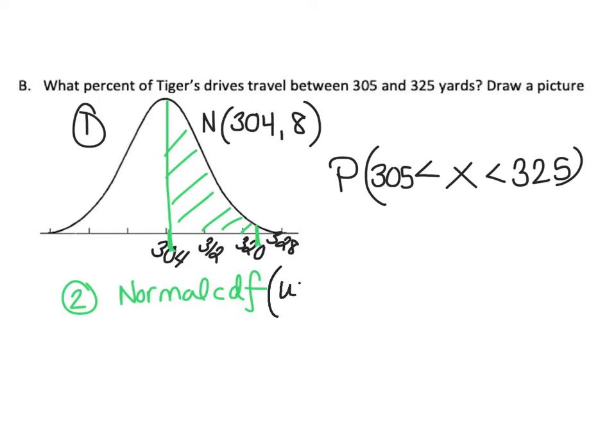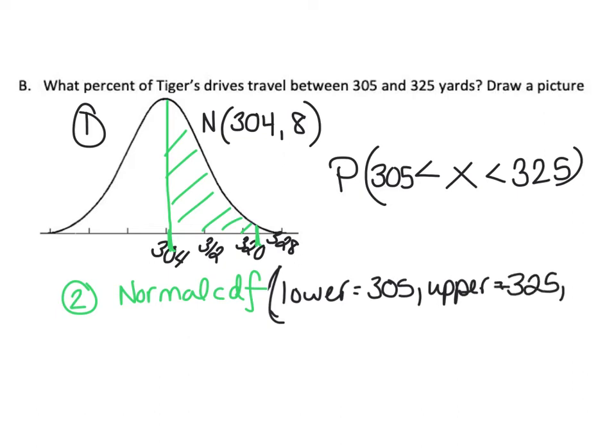Okay, so I put my calculator notation. I need to write my lower bound, which was 305. My upper is 325. Mu is 304.